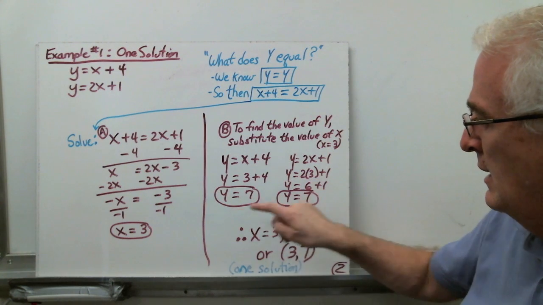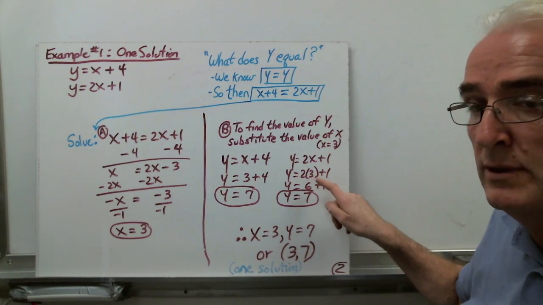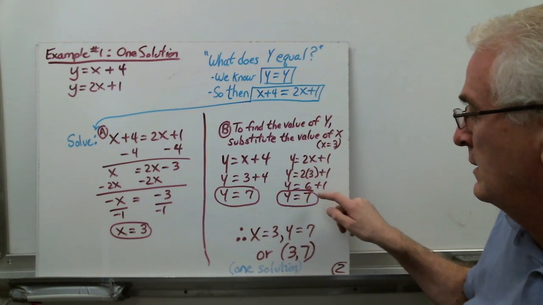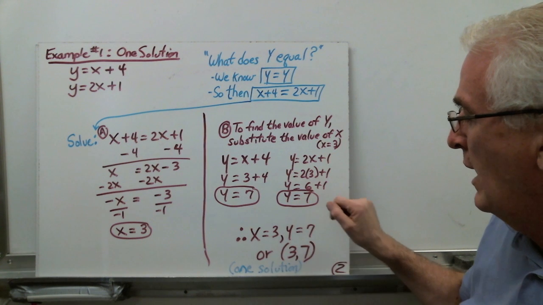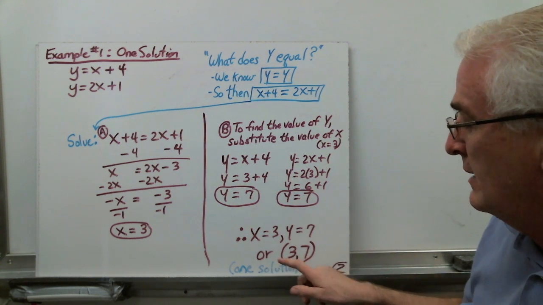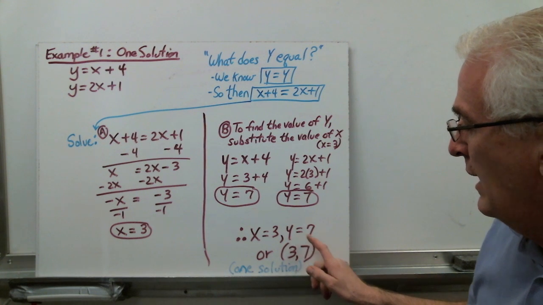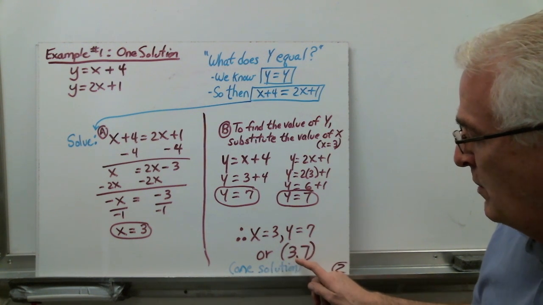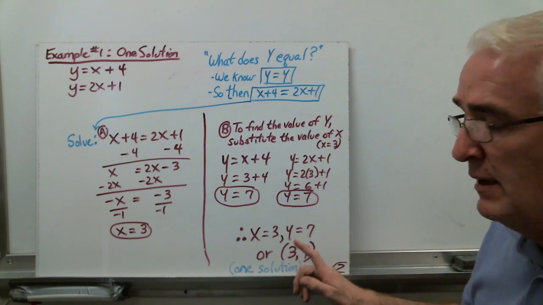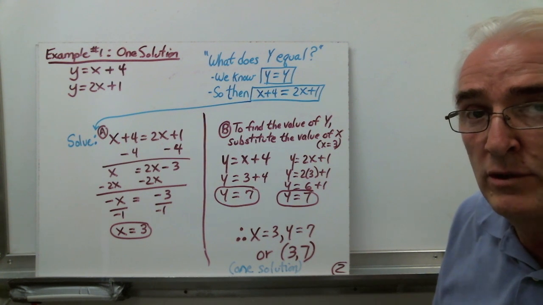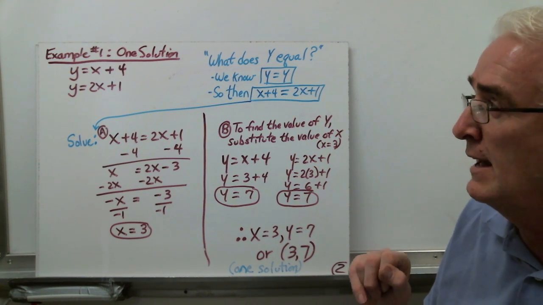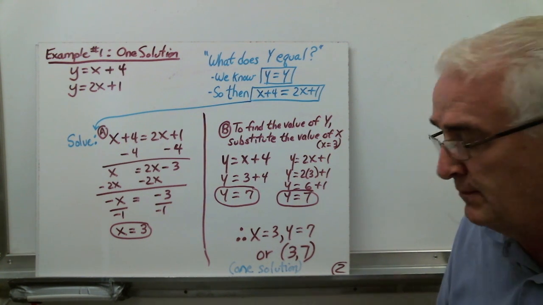We substitute the 3 in for the x. 2 times 3 is 6. 6 plus 1 equals 7. We get y equals 7. So we end up with x equals 3 and y equals 7, or our ordered pair of 3, 7. That is substitution, where you come up with an answer that is only one solution.